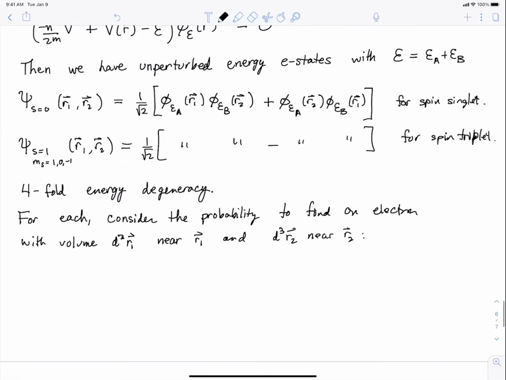Okay, and that's equal to, as we said, d³r1 d³r2. We're just considering one spin combination at a time now, though.